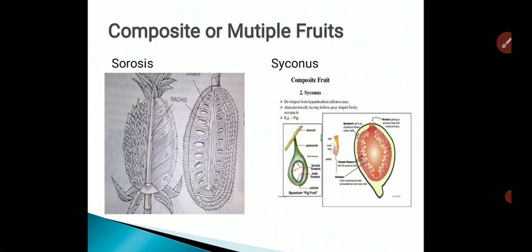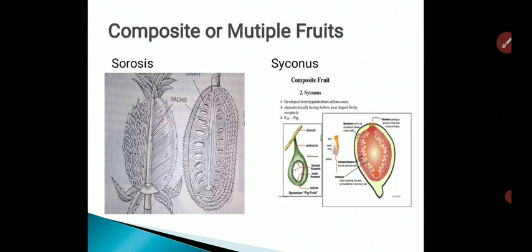Now let's discuss another type of fruit, that is composite fruit, or we can call it multiple fruit. The development of this fruit is from many flowers or from an entire inflorescence.